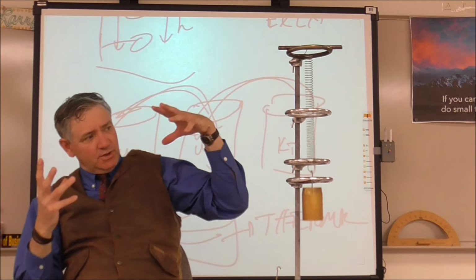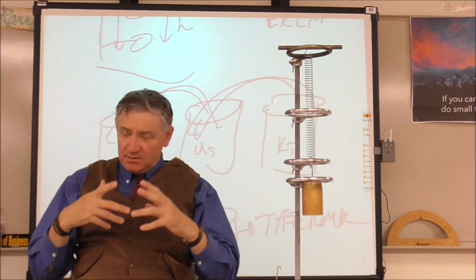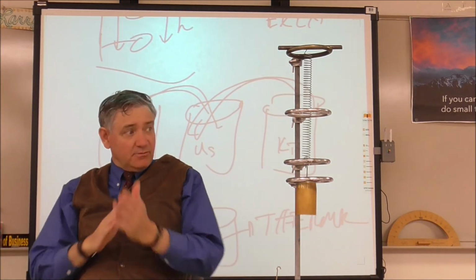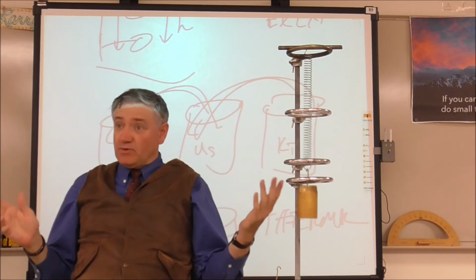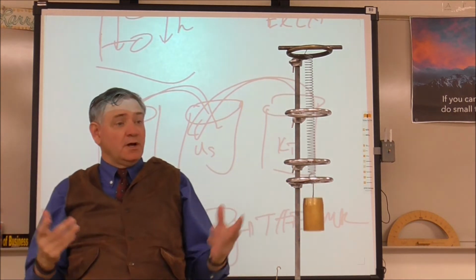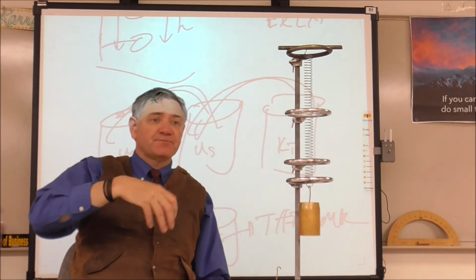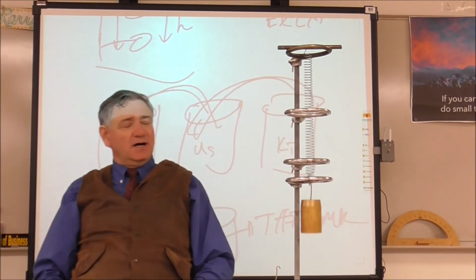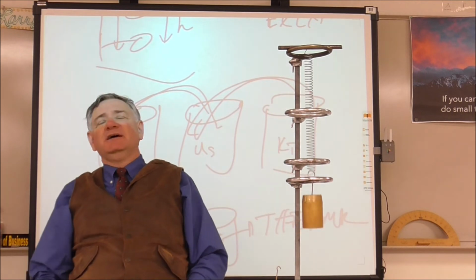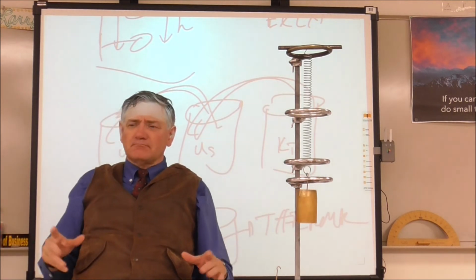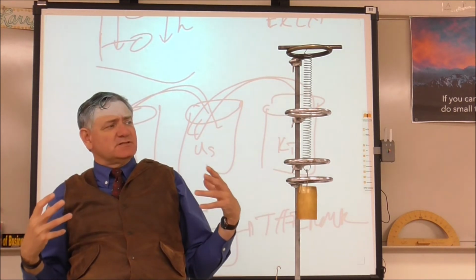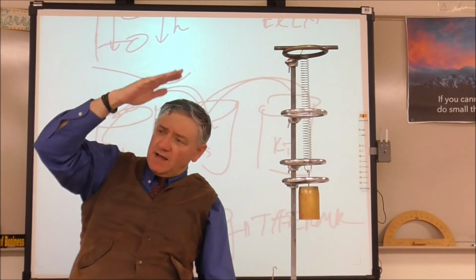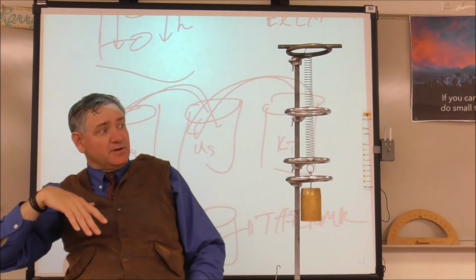Anytime you have particles moving past each other, it generates heat, which is why when it's cold, if you rub your hands, they get warm. On an atomic level, these atoms are vibrating and moving past each other, and they go, oh man, this sucks. They're not liking it. So they generate some thermal energy. This is why this spring stops after a period of time.